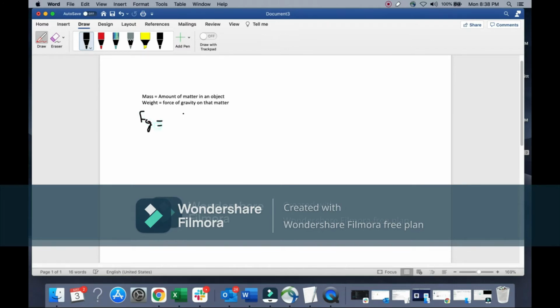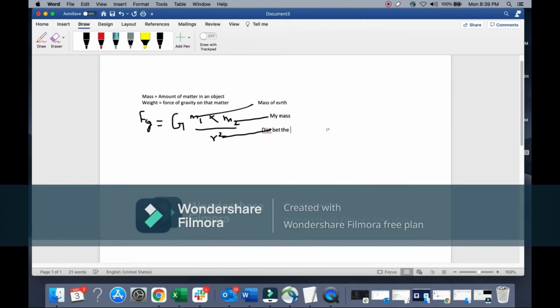Force of gravity equals G, where G represents the universal gravitational constant, times two masses, m1 and m2, the product of these divided by r square, where m1 is the mass of Earth, while m2 is, let's say, my mass, and r square is the square of the distance between the two masses.